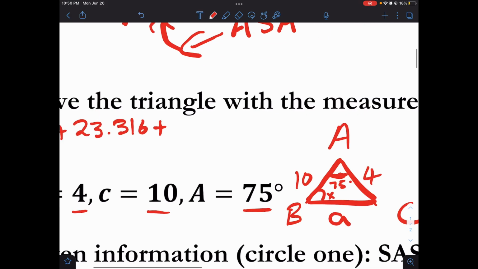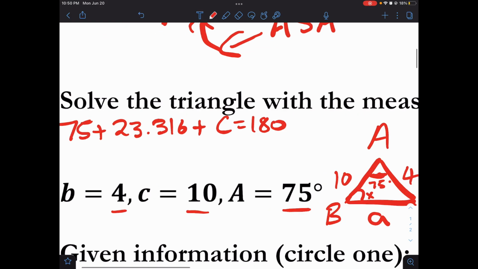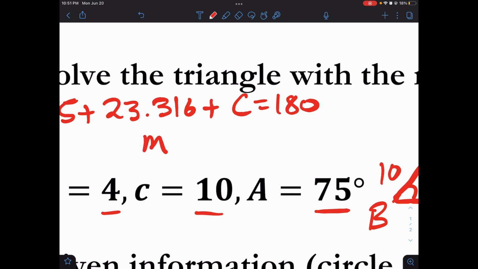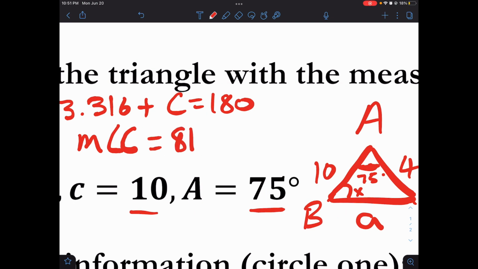So C is equal to 180 minus my answer. So we get the measure of angle C, which I just solved on my calculator, is equal to 81.684 degrees.